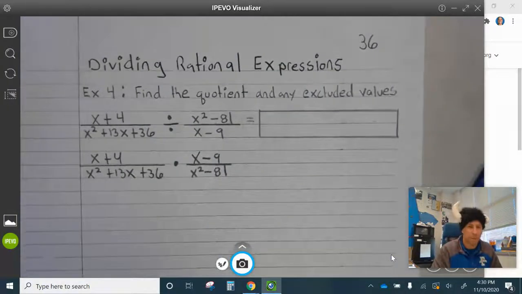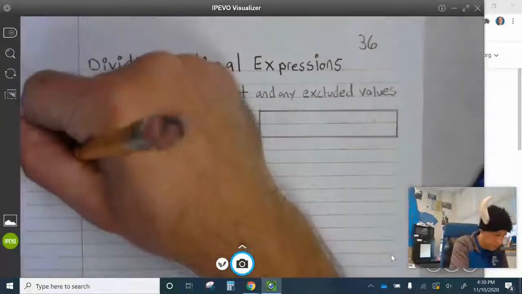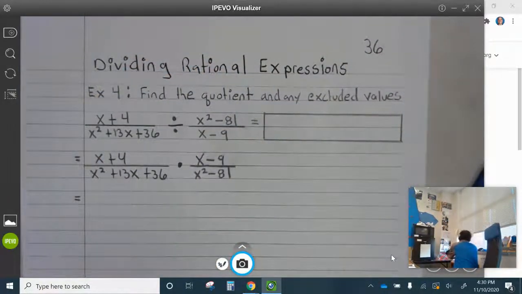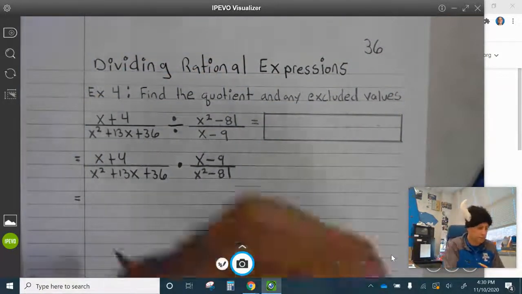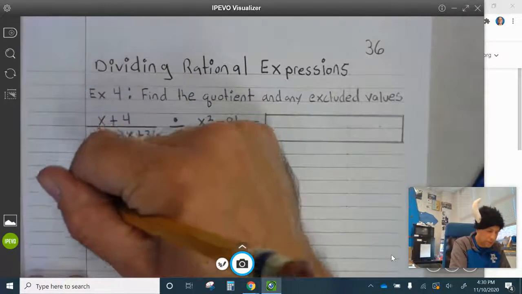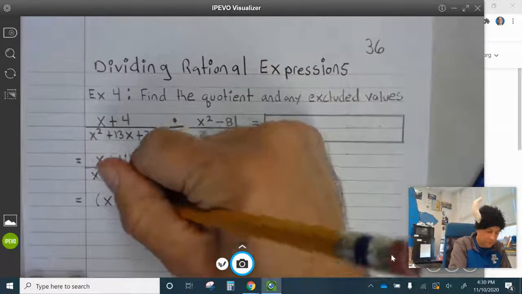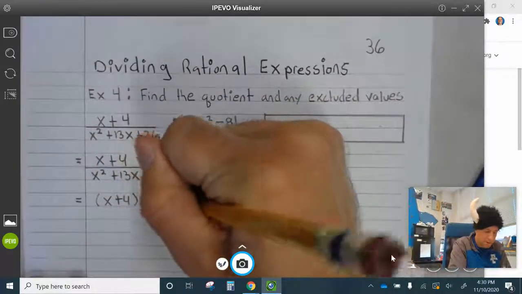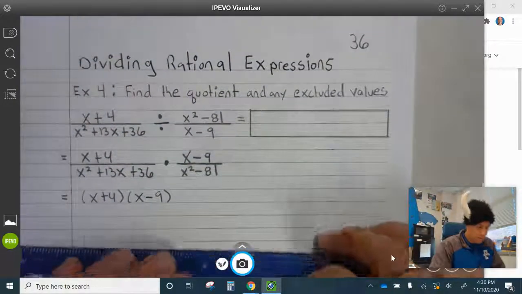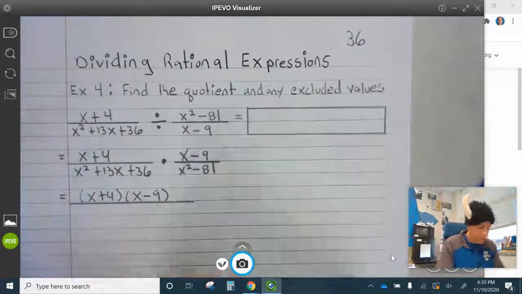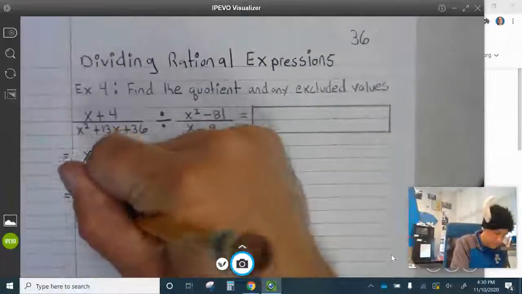Okay. All right. So now we need to factor the numerator and denominator. Okay. So we have nothing to do there. That's just x plus 4. And then that's just times x minus 9. But now we know that x squared, 2 parentheses.